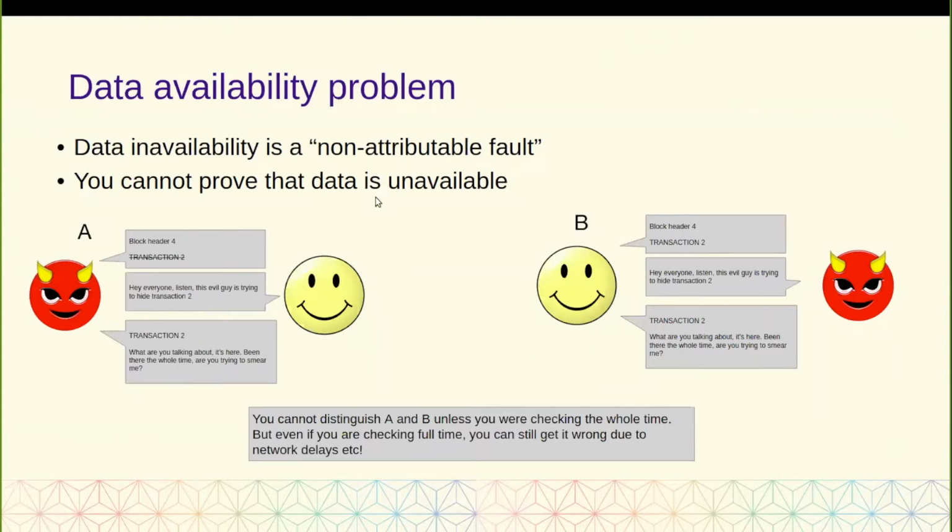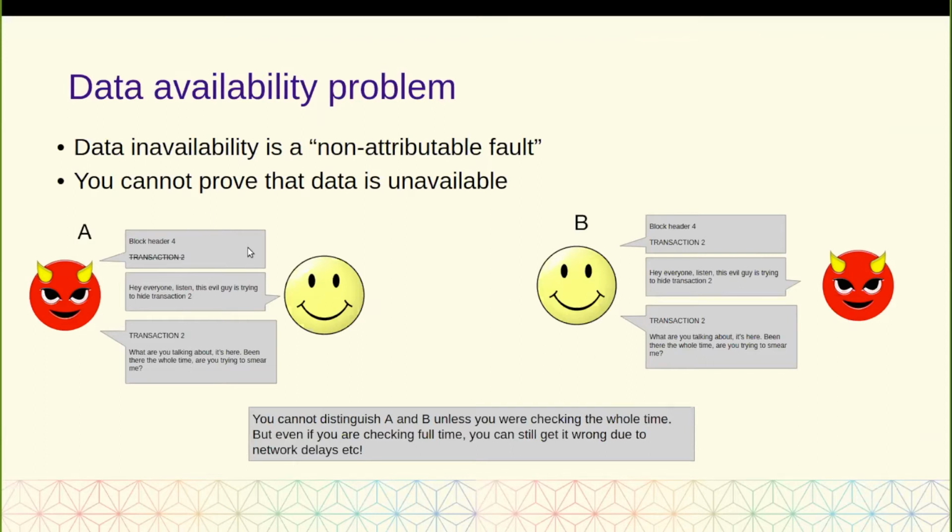It's a non-attributable fault. So you cannot prove that data is unavailable, and it can change at any moment, either due to someone doing something or just due to network delays, like data can be unavailable even just because it hasn't arrived yet at the destination.